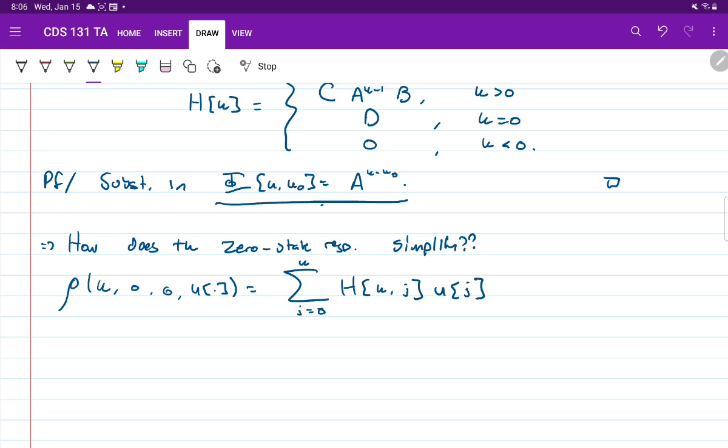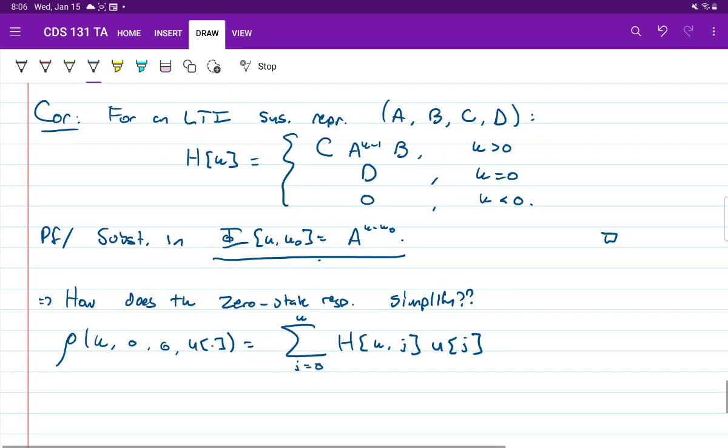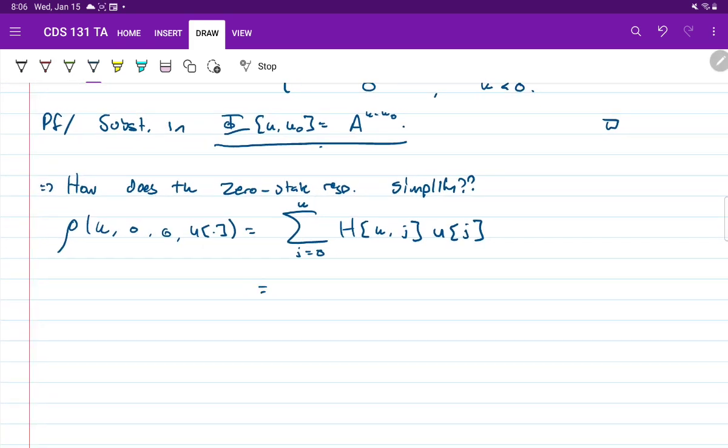And now using our discrete time LTI impulse response map, we can rewrite this as the sum from j equals 0 up until k of h of k minus j, u at j. All right?